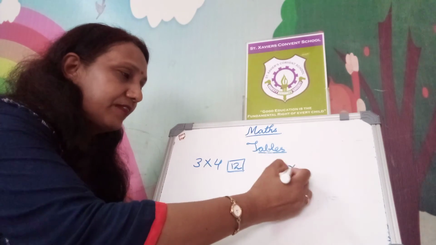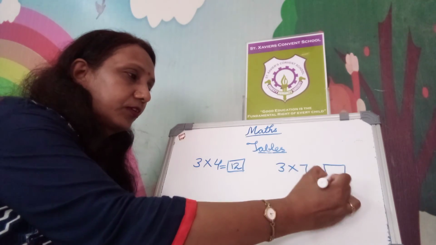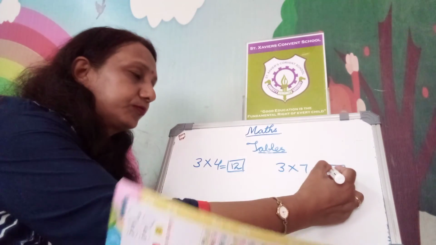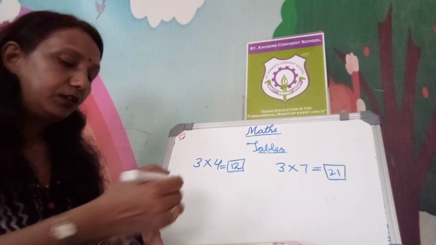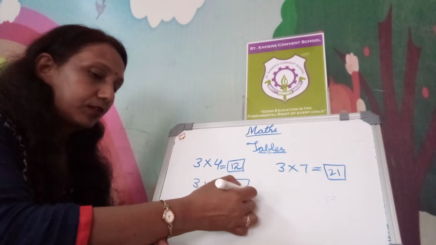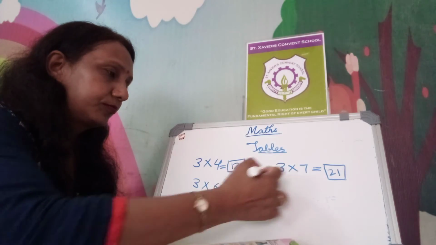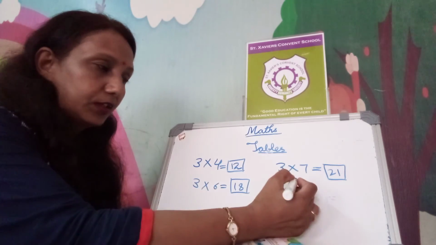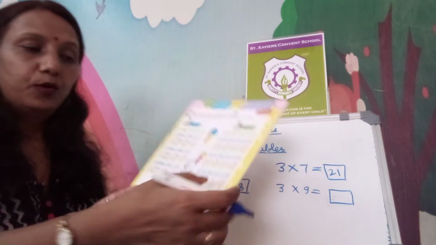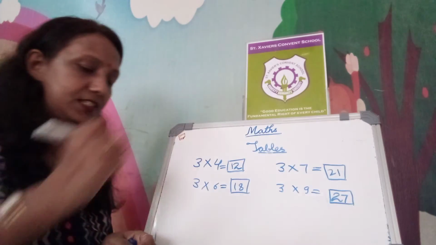Now 3 7s are 21. 3 6s are 18. 3 9s are 27. You just saw the answer and got the answer.